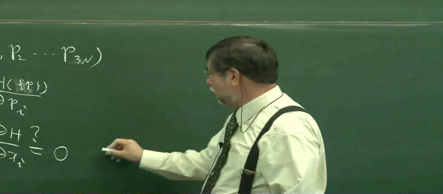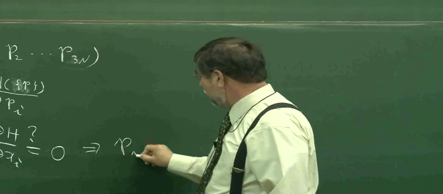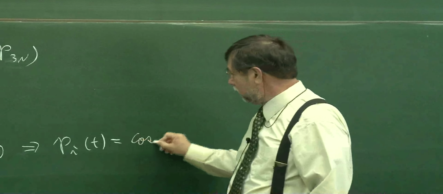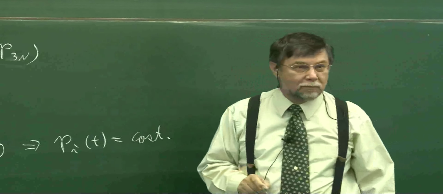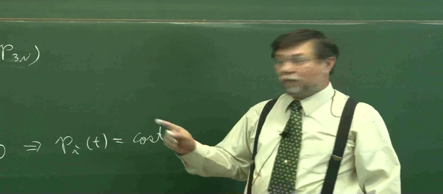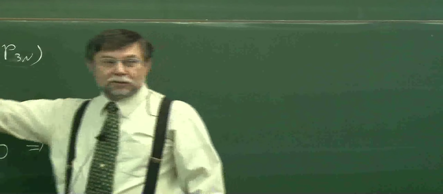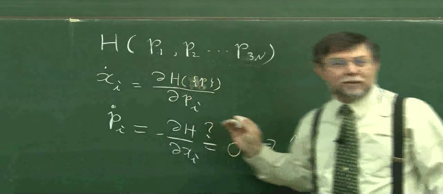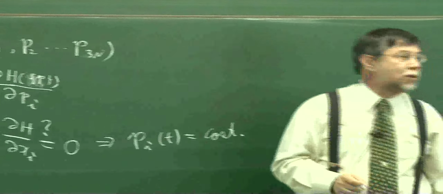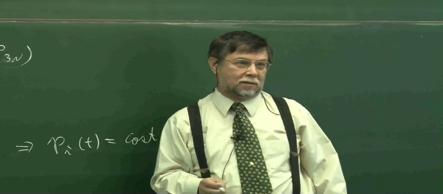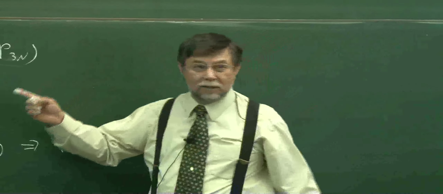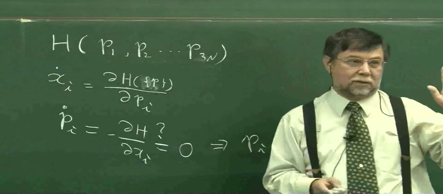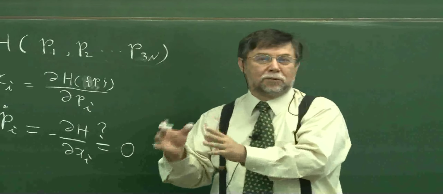Therefore, PIT is constant. Isn't it? Therefore, in this Hamiltonian system, every momentum is an invariant of motion. So now you found how many invariant of motion exist? 3n. 3n invariant of motion exist.